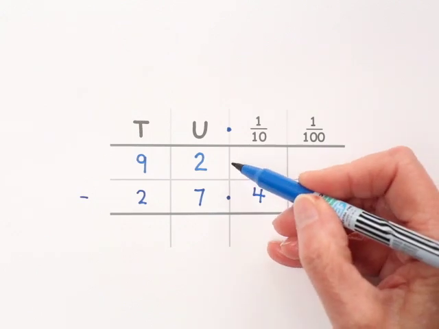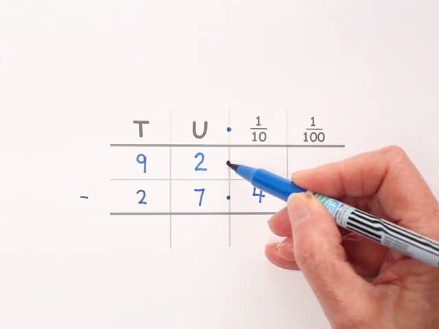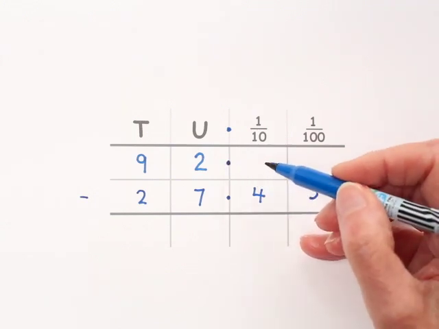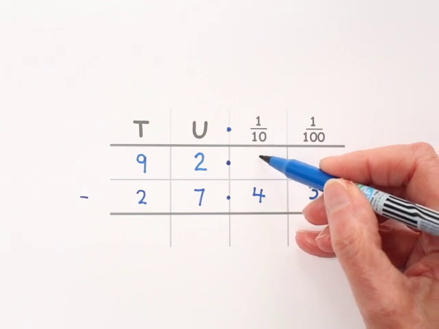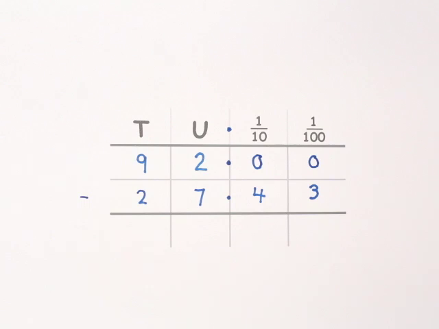Then add a decimal point at the right hand end of the whole number 92. Put zeros in these spaces here in the columns after the point because it avoids muddle and it's easier to do the subtraction. Keeps everything tidy.